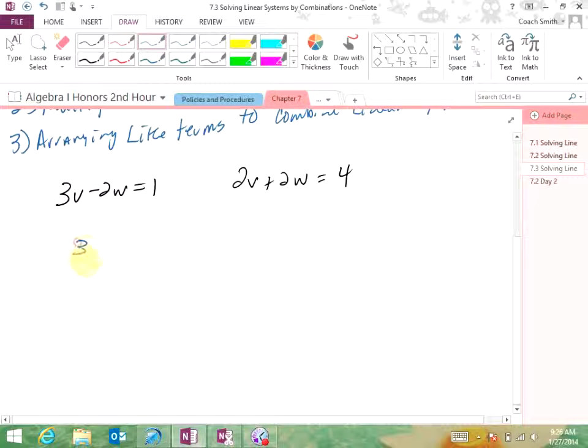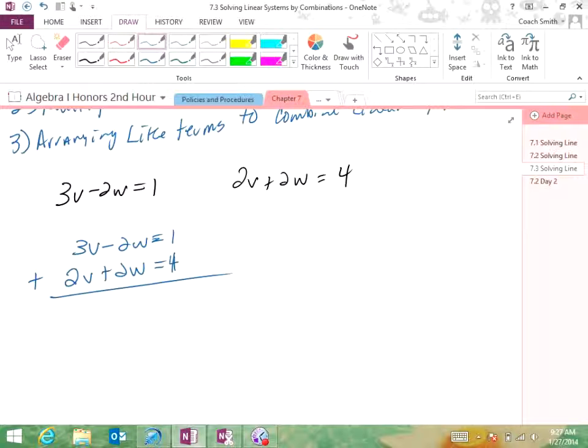So I'm going to take 3v minus 2w equal 1, and line up 2v plus 2w equal 4. And I'm going to combine those 2 equations by adding them. In all of these, we're going to eventually add them. But in some of them, we're going to do a couple other steps before we do the adding.